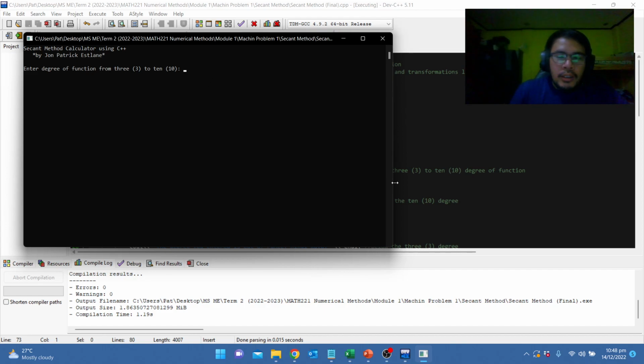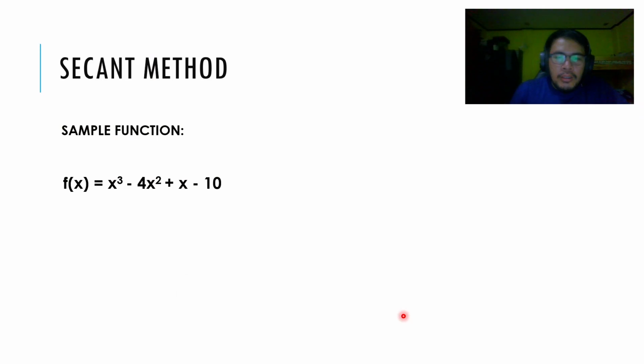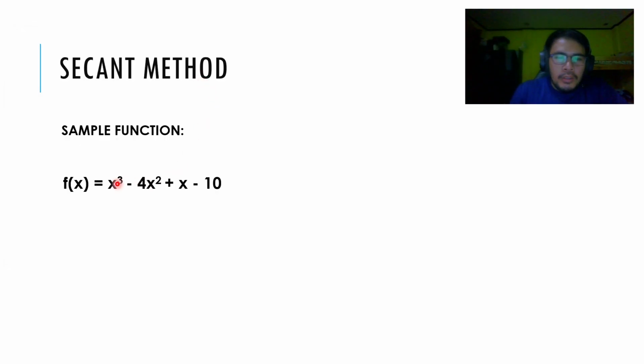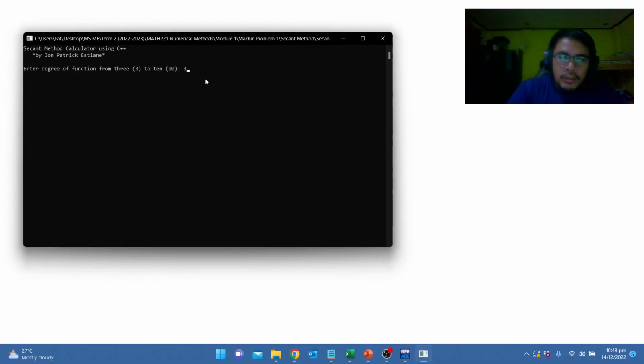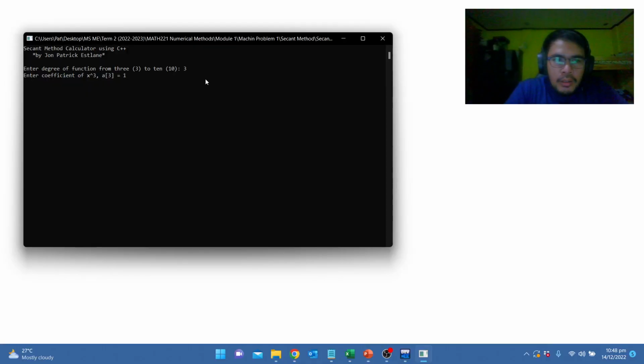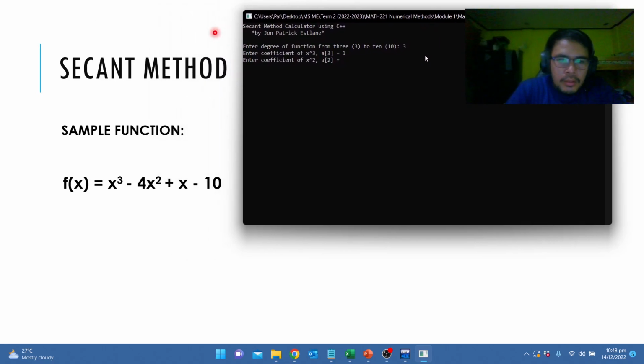Let us try the sample, which is x cubed, so we're going to use 3. Then the coefficients: a3 is 1, negative 4, 1, and negative 10.